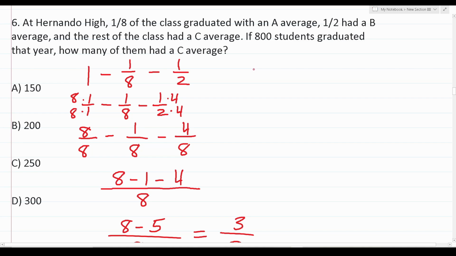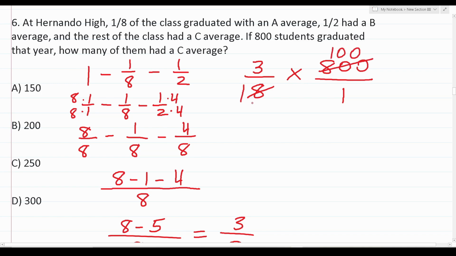Now the question is, what is 3/8 of 800 students? So that's going to be 3/8 times 800. This is actually pretty easy to work out. Again, we can express the whole number 800 as a fraction by placing it over 1. And now we can actually simplify this. 8 goes into 8 one time. 8 goes into 800 100 times.